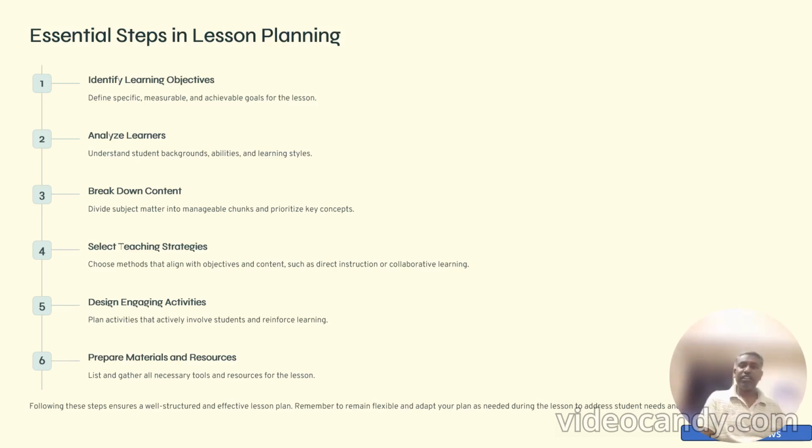So these are some of the basic ideas of how a lesson plan can take an important role in classroom teaching. To continue, the next step is designing engaging activities. This is another important thing, to see how the students are involved and how we reinforce their learning during our classroom teaching.